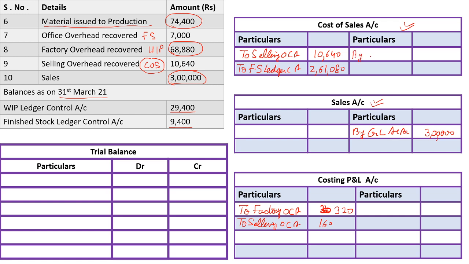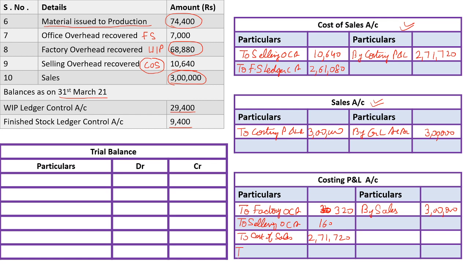So we write on the credit side by costing P&L account, and the amount is 2,71,720, and in costing P&L we write to cost of sales 271,720, and in sales account we balance with costing P&L. So on debit side we write to costing P&L account 3 lakh rupees, and in costing P&L by sales 3 lakh rupees. Now we balance the debit and the credit side.